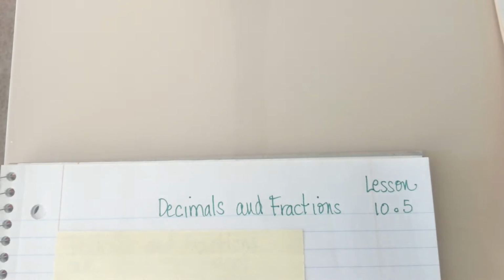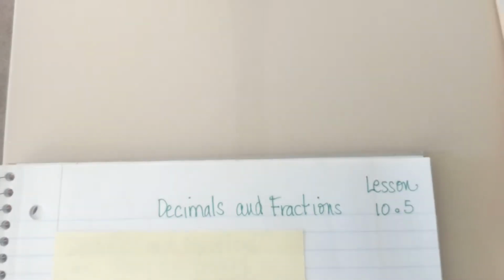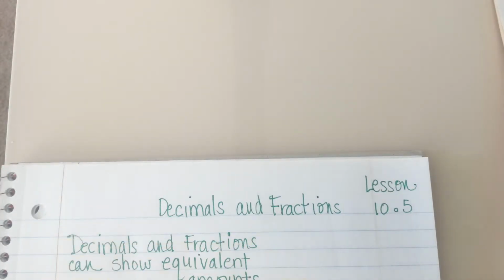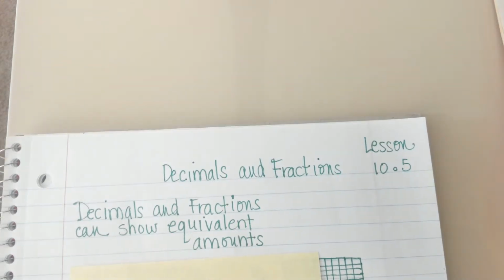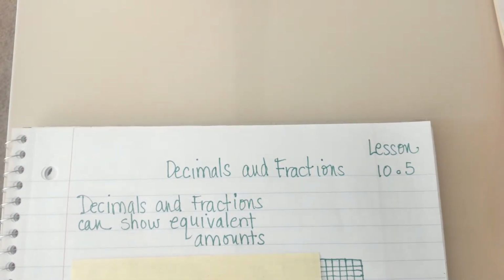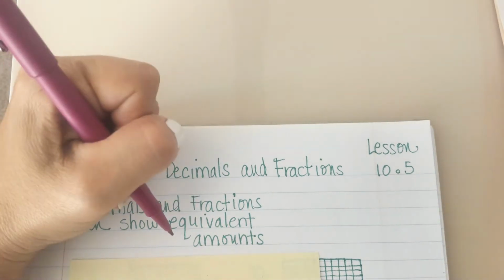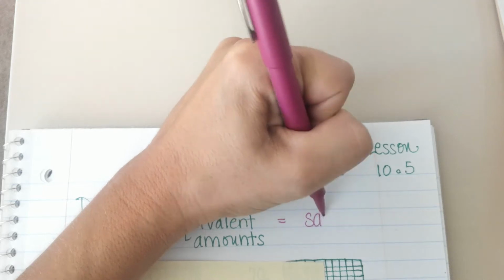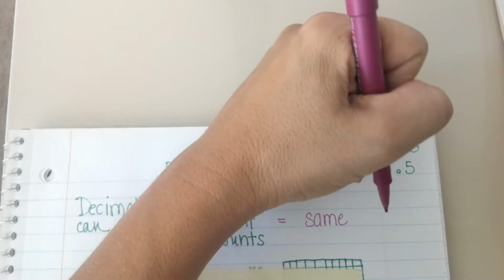All right, guys, we're on lesson 10.5, decimals and fractions. So our key concept today is that decimals and fractions can show equivalent amounts. What are equivalent amounts? They are the same amount.